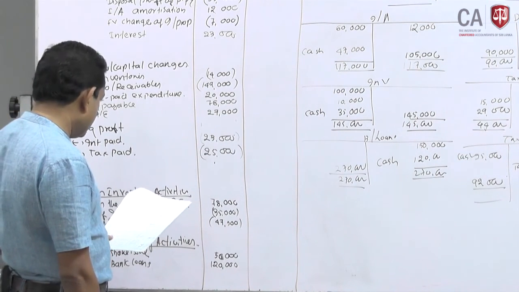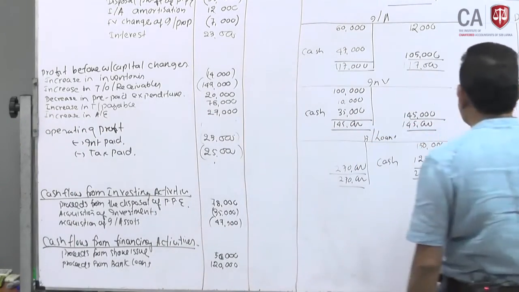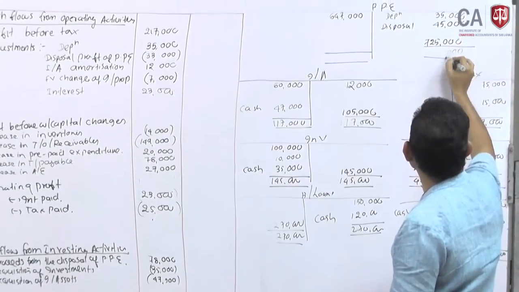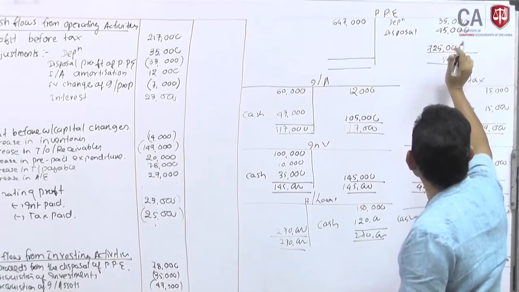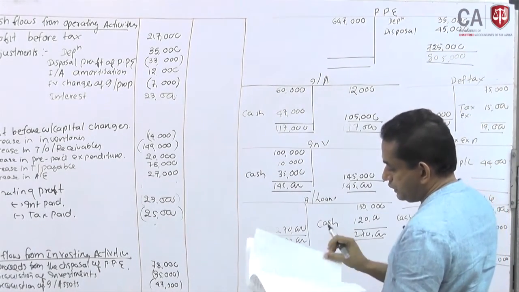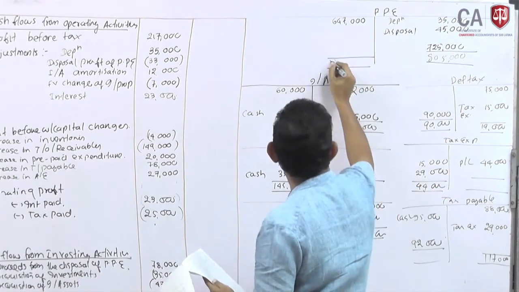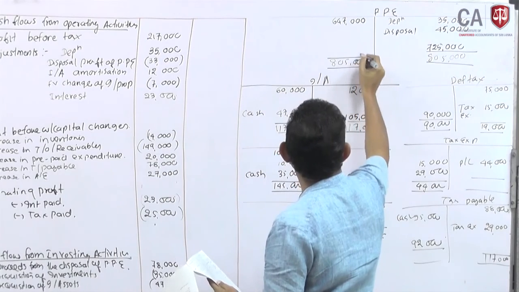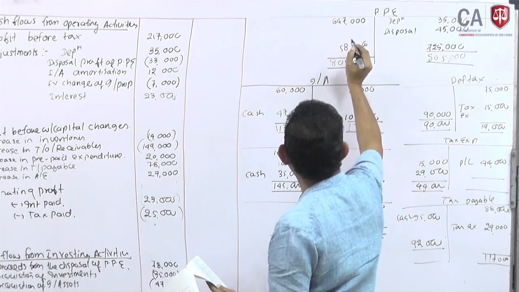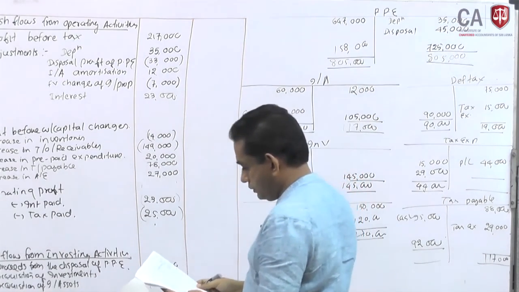intangible assets. I have missed out one thing: the property, plant and equipment account should be closed up, and find out the missing figure. This is 805,000. Property, plant and equipment, 805,000, 158,000.